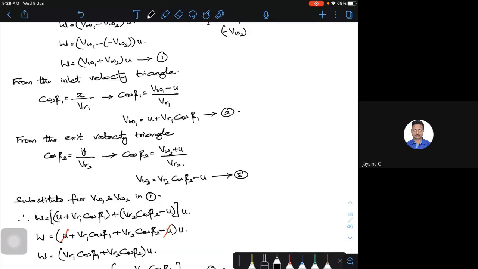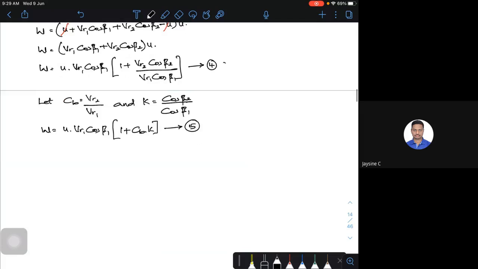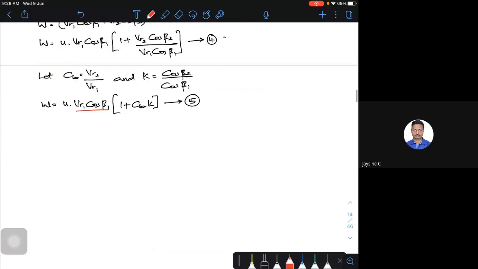I am going to substitute for VR1 cos beta 1, from equation 2.